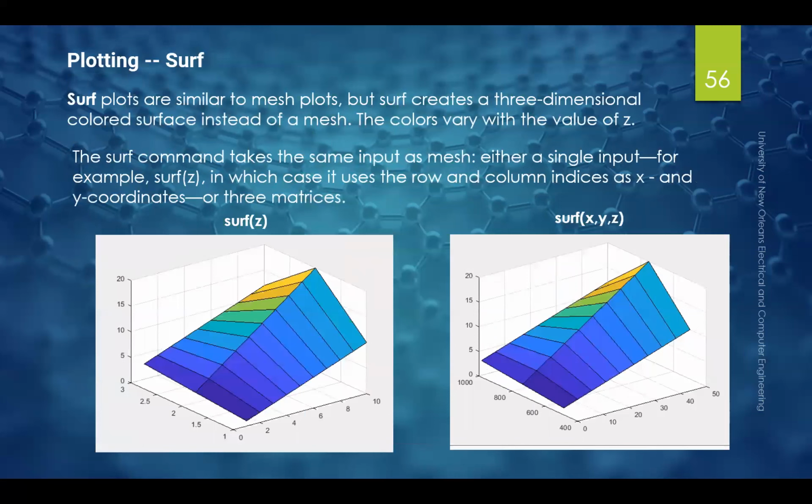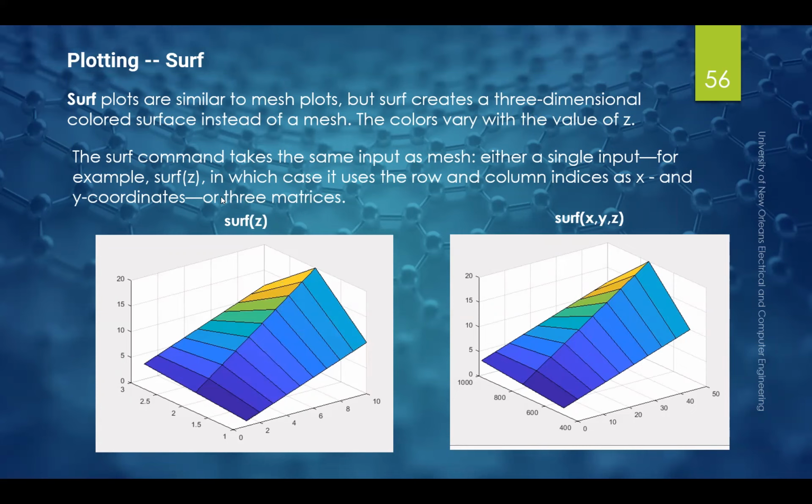Okay, so by using surf, you create a 3-dimensional color surface instead of the mesh, and the colors vary with the values of Z, right? You can control what the colors associate with the numbers by putting options inside these commands, and we'll look at that later. But if you don't, then MATLAB will decide what colors to associate with the different areas here.